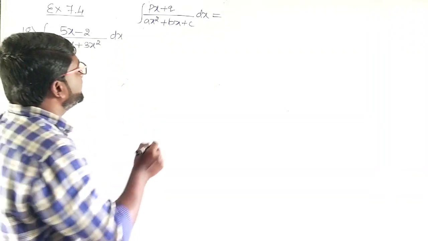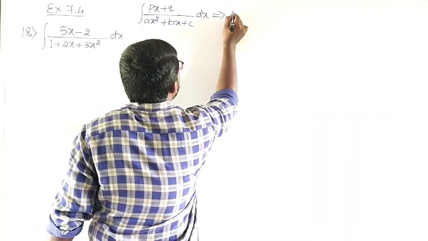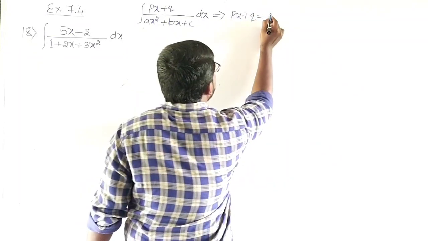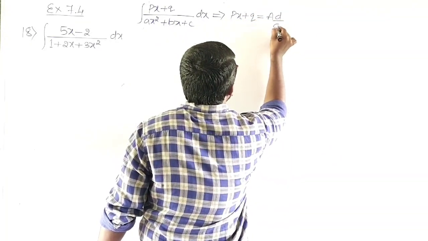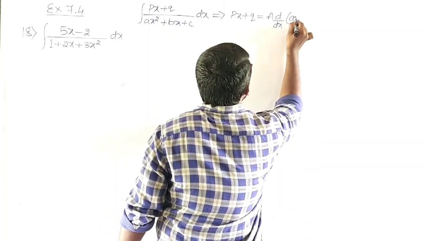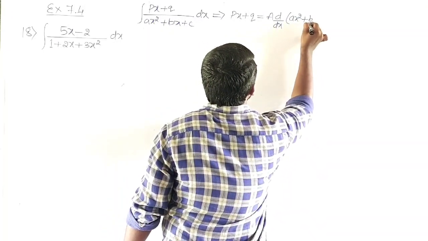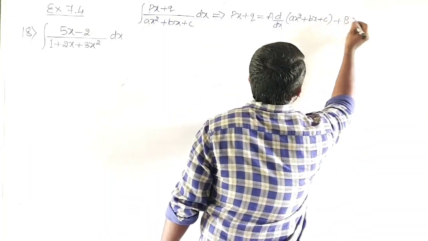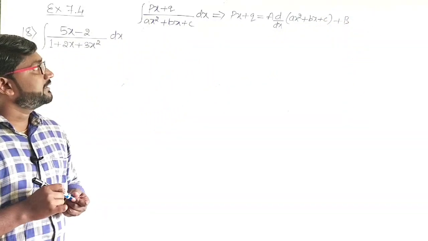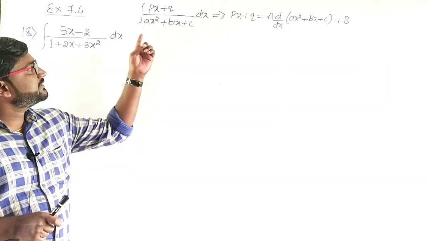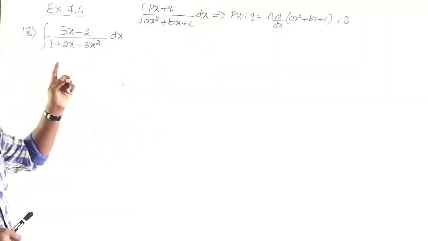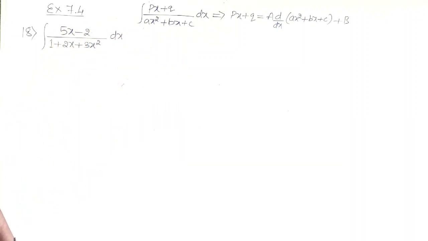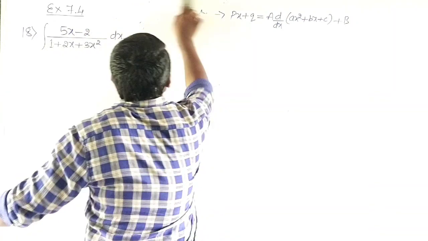We write px plus q equals A into d by dx of the denominator, that is ax square plus bx plus c, plus capital B. Here we have to find A and B. This is the standard form, and we have to write this in this particular form. So let us go ahead with the standard form now.